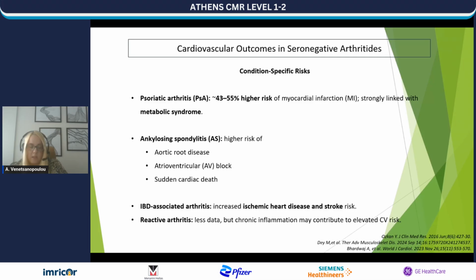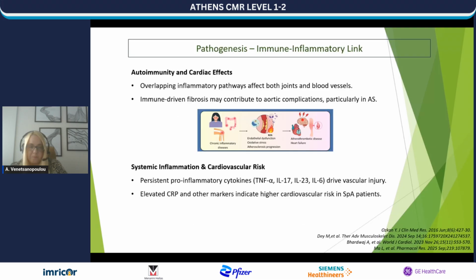In IBD-associated arthritis, ischemic heart disease and stroke risk are increased. And for reactive arthritis, data are more limited, but chronic inflammation likely plays a role. What is clear is that across the spectrum, cardiovascular involvement is not the exception, but a defining comorbidity.